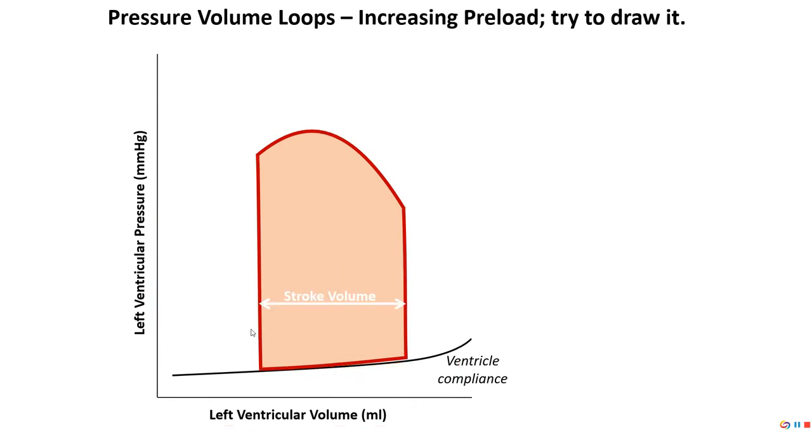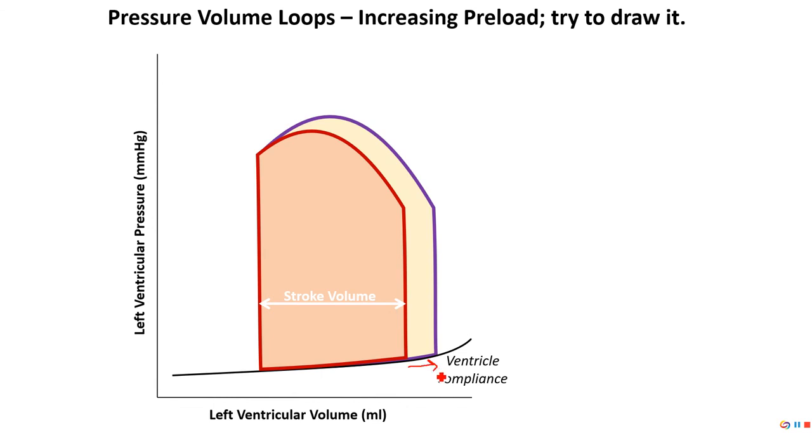We talked earlier about preload. What is preload? Preload is the amount of blood in the heart before contraction. So what's going to change with this loop? Is it the right side or the left side? The answer is it's the right side. If I increase preload, that means I'm going to have a greater volume, so we're going to go here.